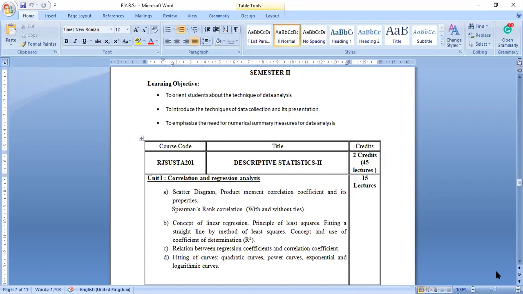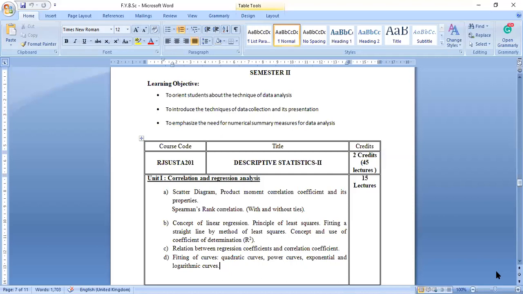For example, the height and weight of students. I randomly pick one student and ask their height and their weight. So I have collected the data of height and weight.